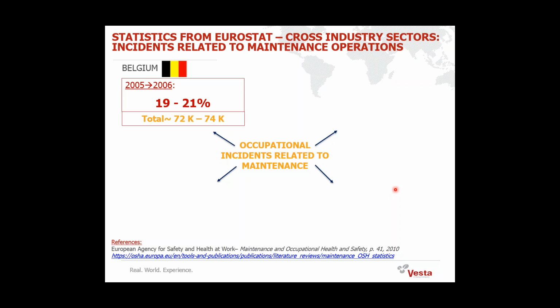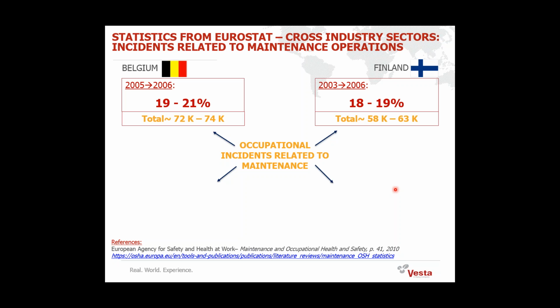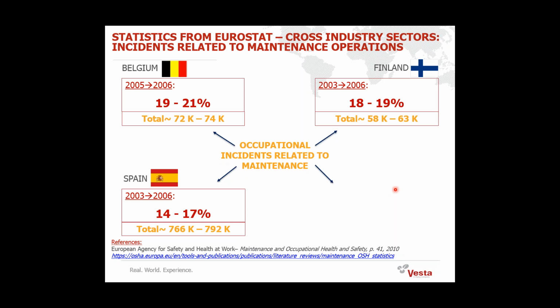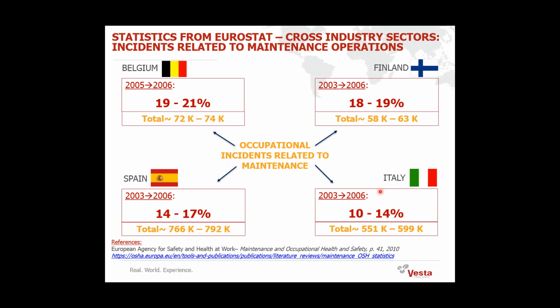For example, from Belgium, from 2005 to 2006, 19 to 21% of incidents are related to maintenance. From Finland, 18 to 90%. From Spain, 14 to 17%. And from Italy, 10 to 14.